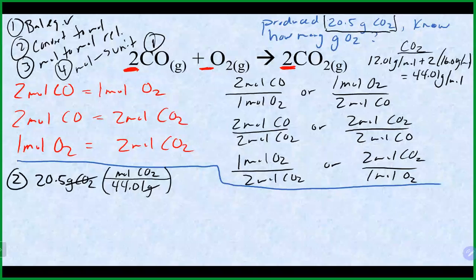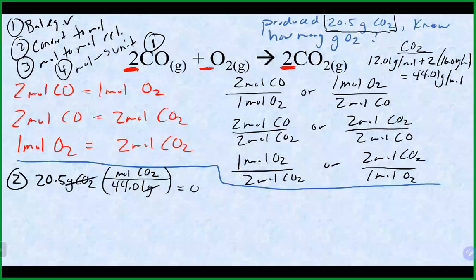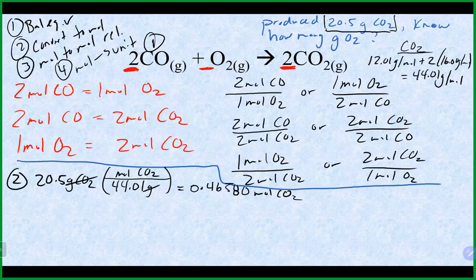Grams will cancel, and this will get us 20.5 divided by 44.01, which gives us 0.4658 moles of CO2. I'm not going to round too much here because I'm going to continue on with the calculation, so you might want to keep a few digits. At this point, we have now converted into moles, which is what we need to do.